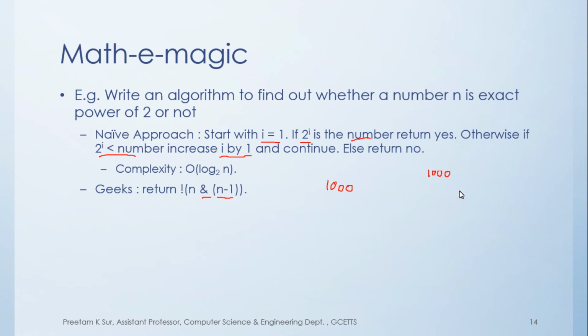So any power of 2 in binary is represented by 1 0 0 0, and the number just before it is nothing but all ones. For 2, 2 minus 1 is 1, which is represented as 1. If you have 4, the value of n minus 1 is 3, which is 1 1. And if you have 8, which is 1 0 0 0, n minus 1 is 7, so 7 is 1 1 1.